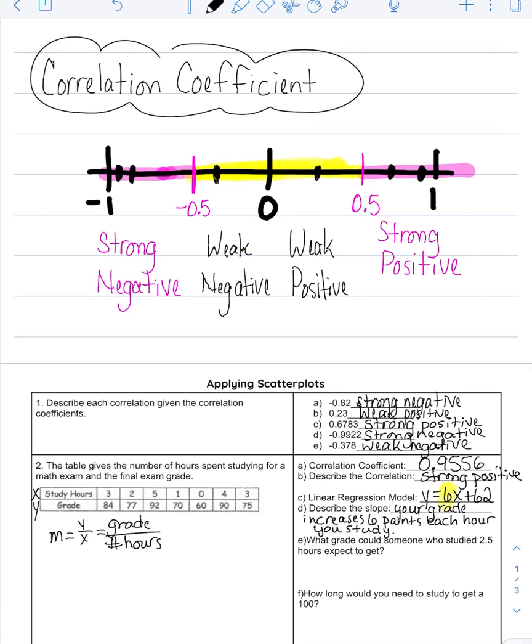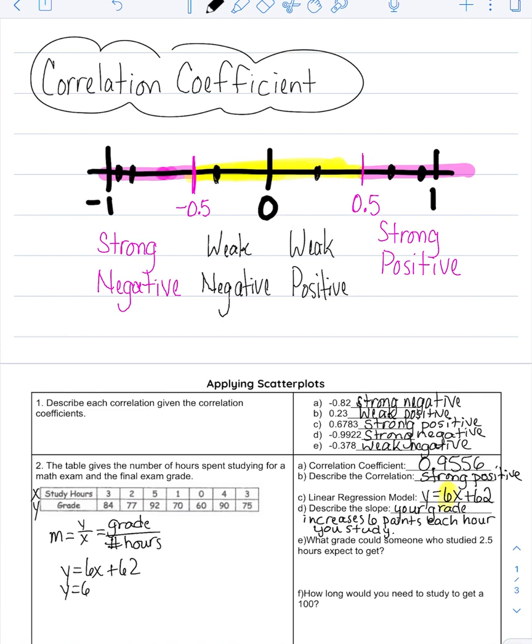Look at E. E says, what grade could someone who studied 2.5 hours expect to get? Well, didn't we say hours was the same thing as x? So watch this. This is another reason that we find a linear regression model. y equals 6x plus 62.